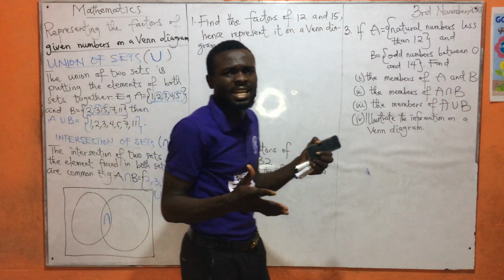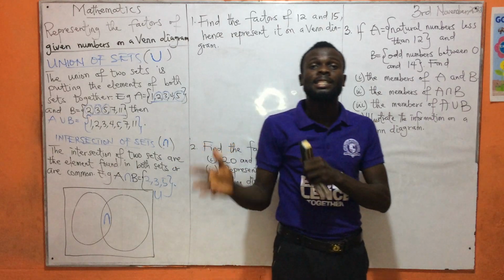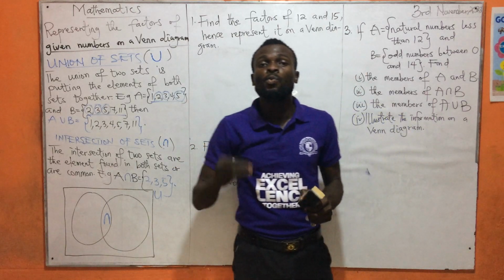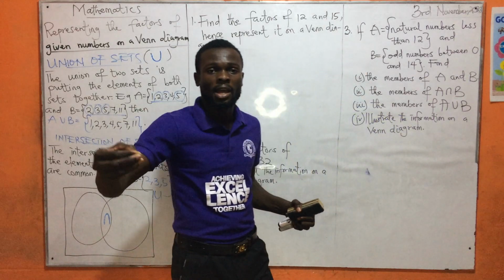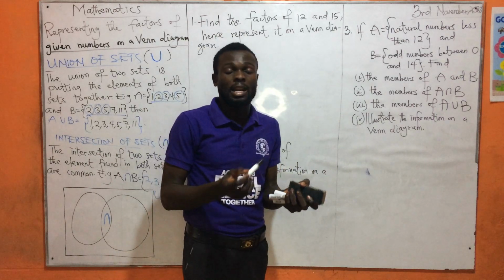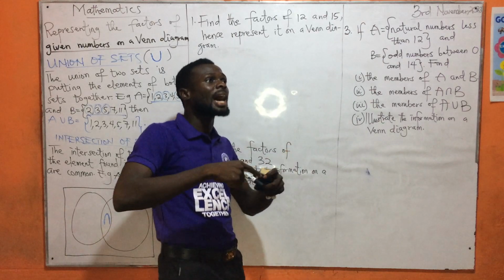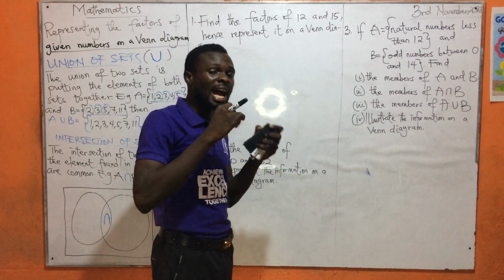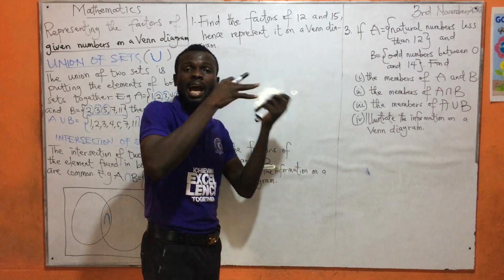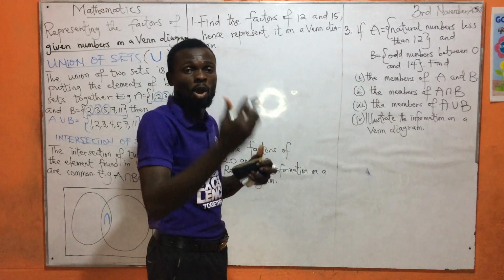For we being in year 9 or basic 9, it simply means that we know how to find the factors of a number. This is not where we are coming to learn how to, but we have already been taught how to find the factors of a number.